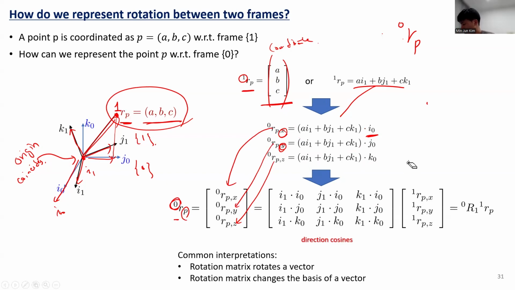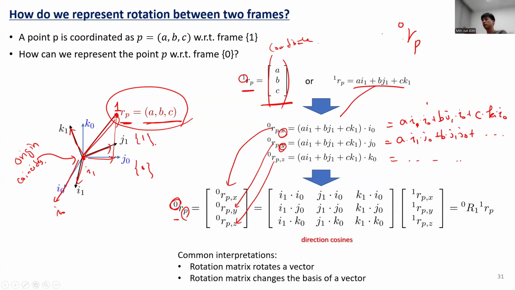And that's basically A times I1 dot I0, B times J1 dot I0, C times K1 dot I0, and so on for the other components.